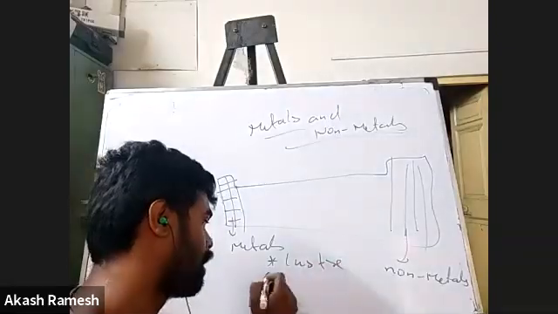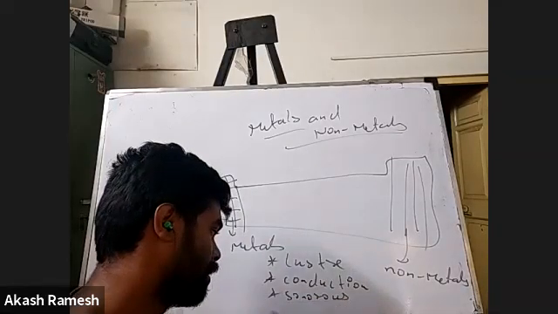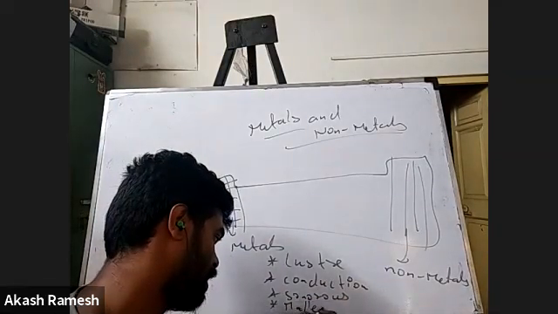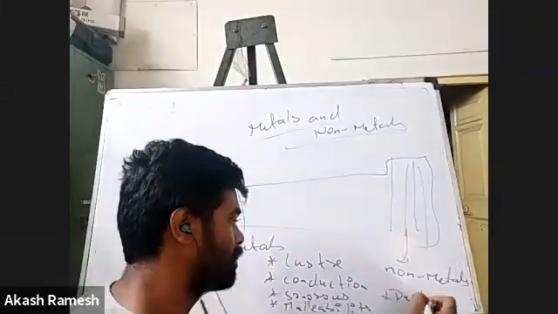Physical properties. Metallic luster. Conduction. Hardness. Sonorous. Malleability, ductility. Melting points and boiling points.